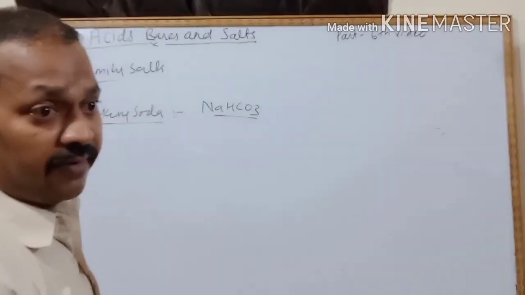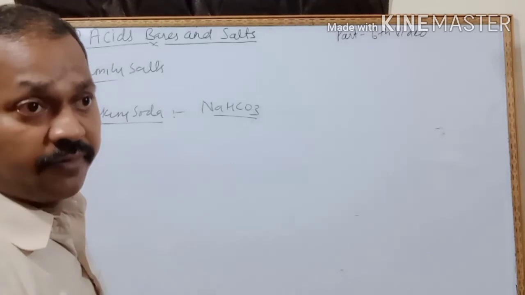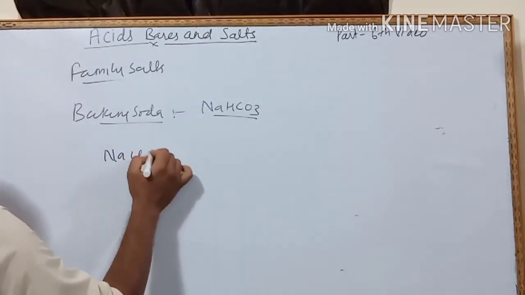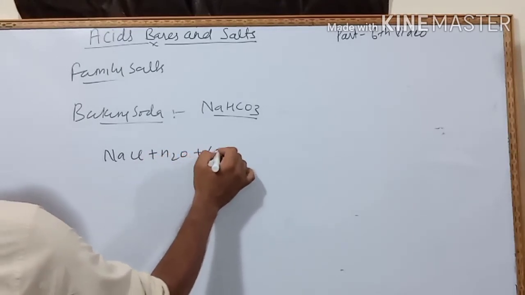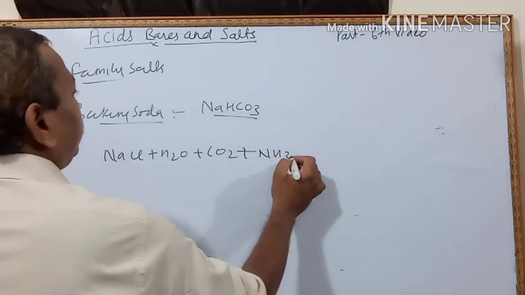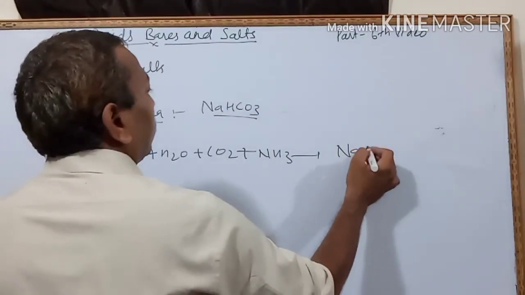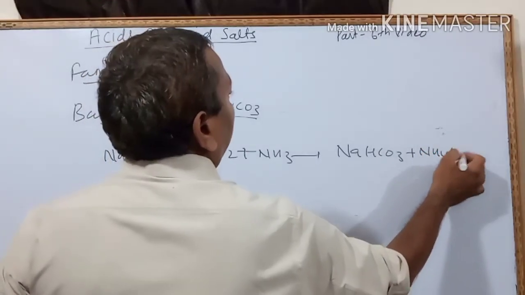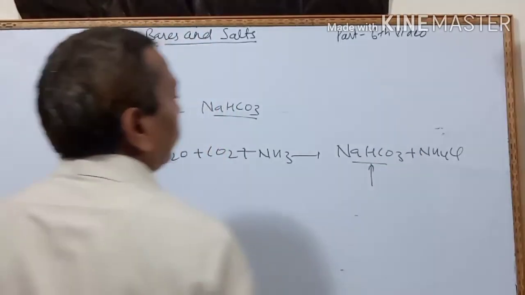The same reaction as we studied for washing soda, equation number 1, the same technique: sodium chloride, water, CO2 and ammonia give baking soda plus ammonium chloride. So baking soda is formed.